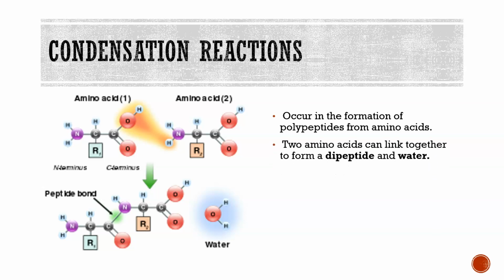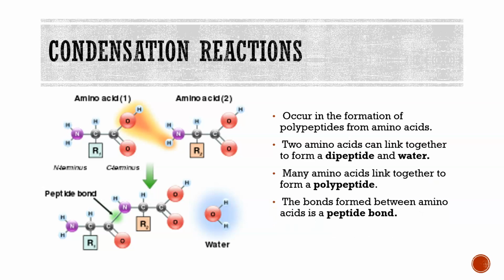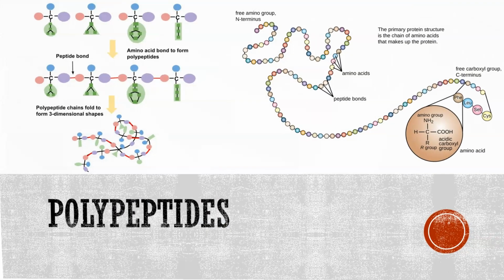Two amino acids can link together to form a dipeptide and water. Many amino acids link together to form a polypeptide. We've already covered this: the bond formed between two amino acids is called the peptide bond. If we repeat it, it just becomes clearer.